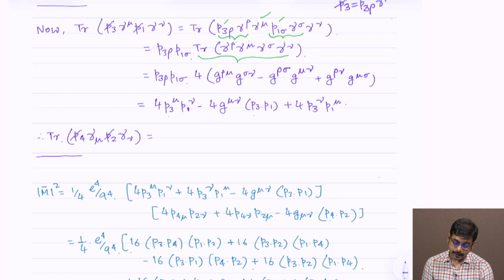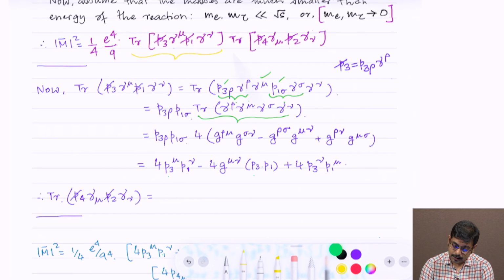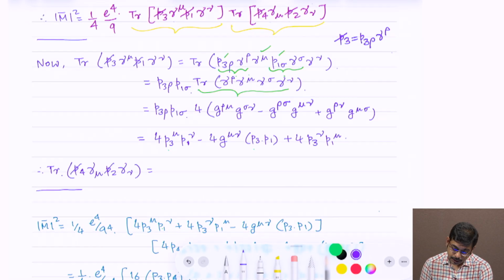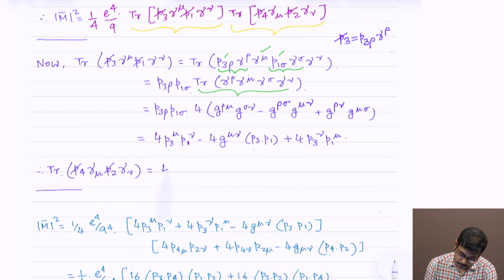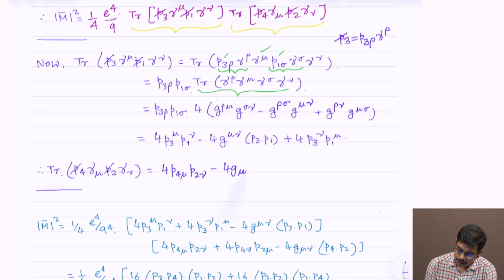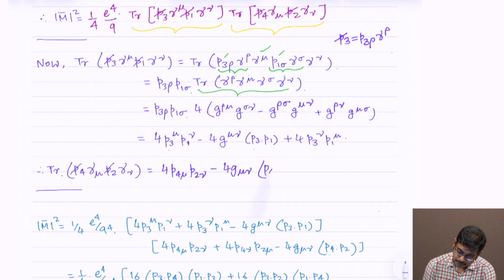Now this will help us to write the next trace, which is actually this guy, right? So the next one was this one. So let's try writing that. So this guy will be what? So this will be 4 P4 mu P2 nu minus 4 G mu nu, both indices down, into P4 dot P2, right?